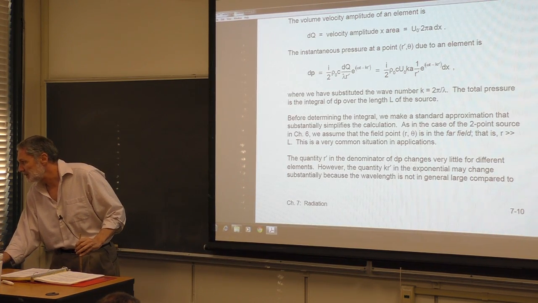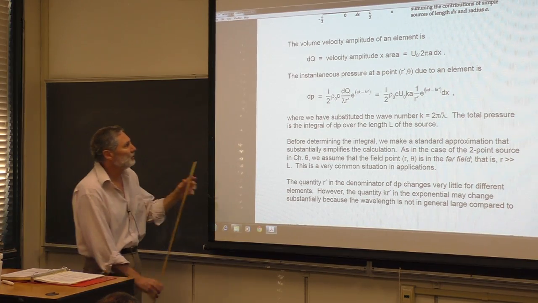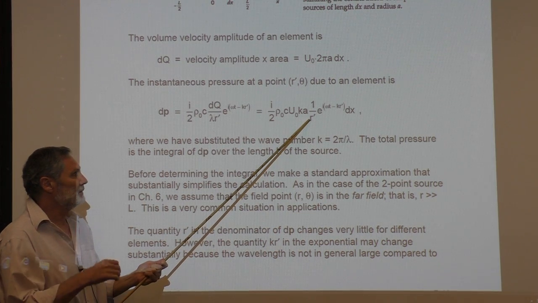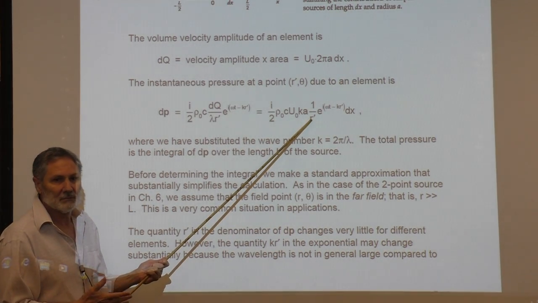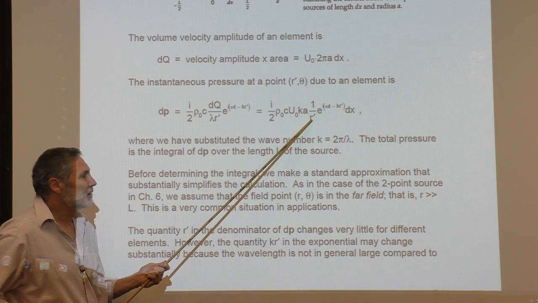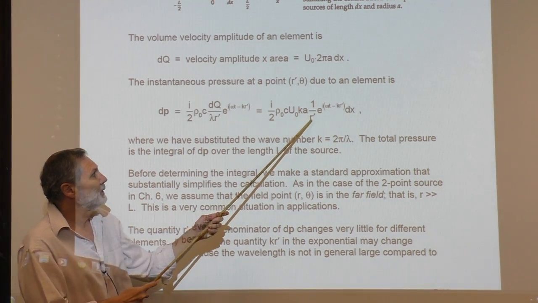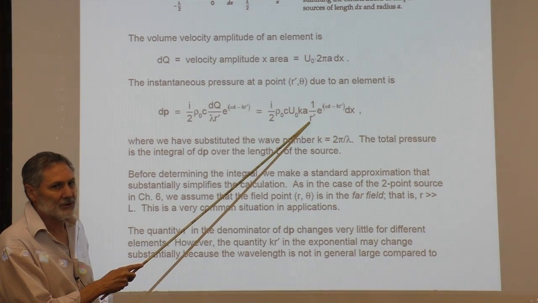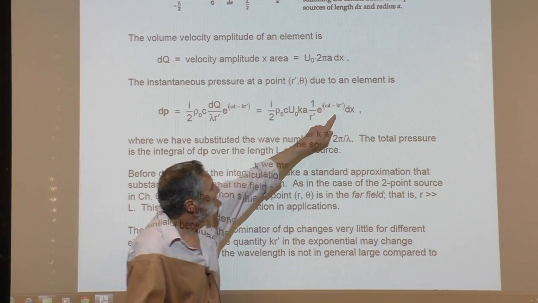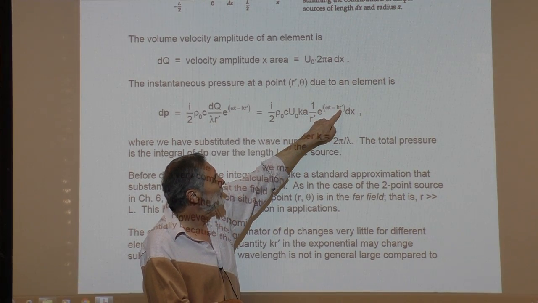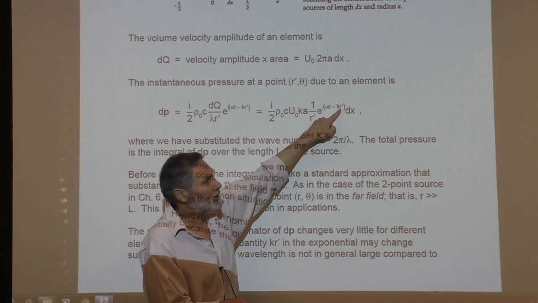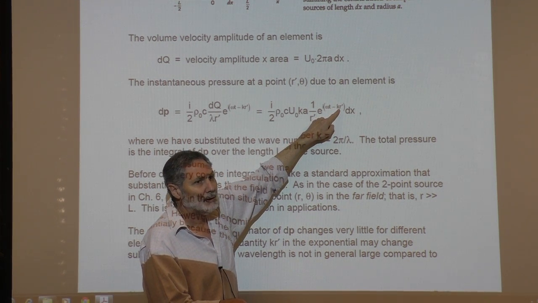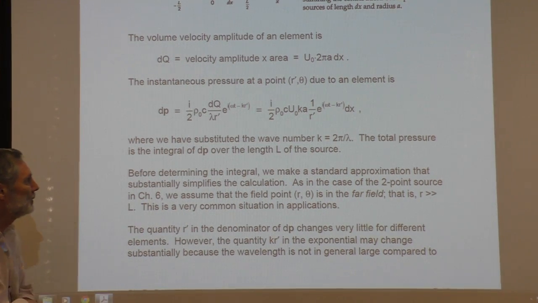Now, there are two things to notice here, and it's just like the two-point source. This r prime here is a variable. It varies about r, the fixed value r. And it changes just a little bit, because r is so big. We can just set r prime equal to r here. That's a good approximation. However, we can't do it here, because this is 2 pi over the wavelength, and we don't want to make any assumptions.